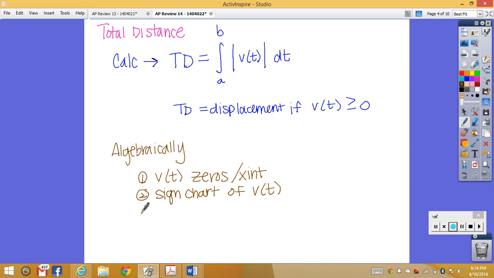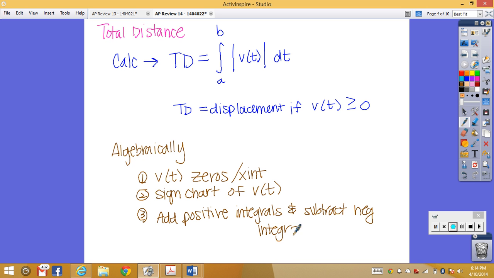And then number 3, add positive integrals and subtract negative integrals. All right.